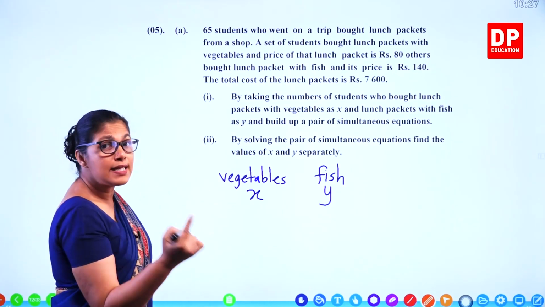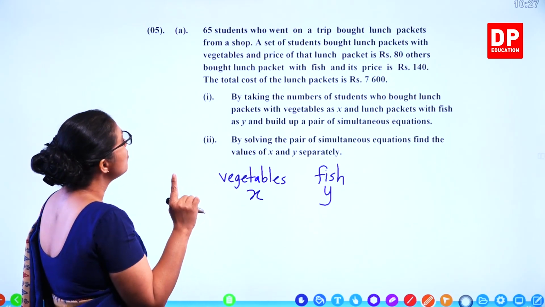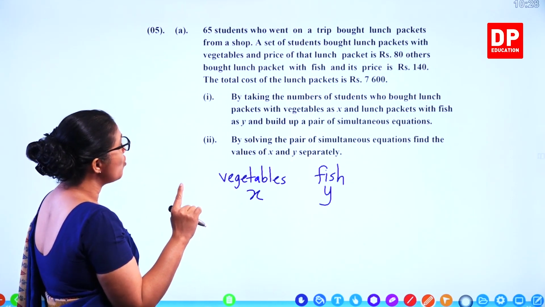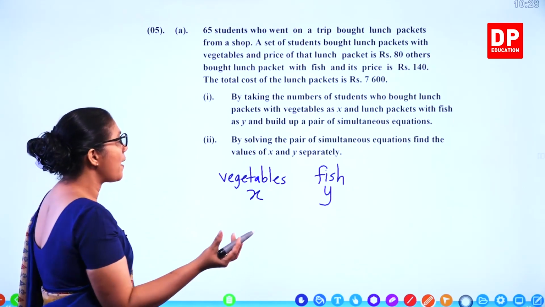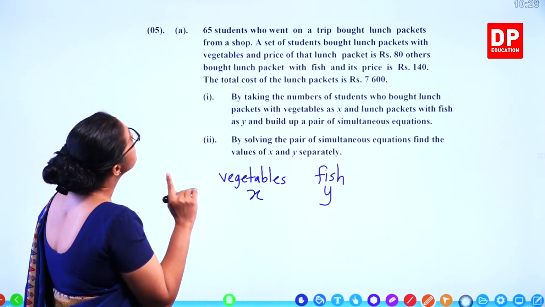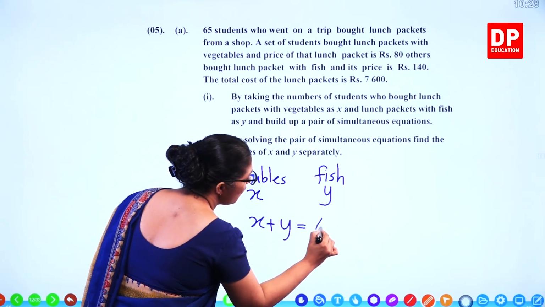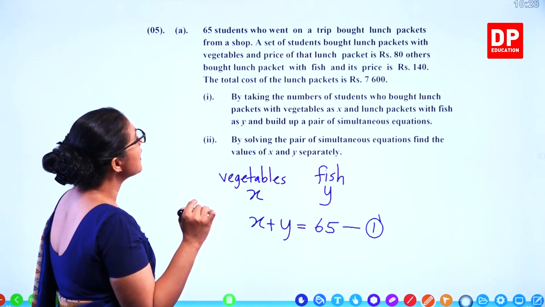So we have to read it again and construct the equation. How can you write down the equation? 65 students who went on a trip bought lunch packets. So that means the total number of lunch packets is 65. So x plus y you can write equals 65. That's your first equation. What's the second one?